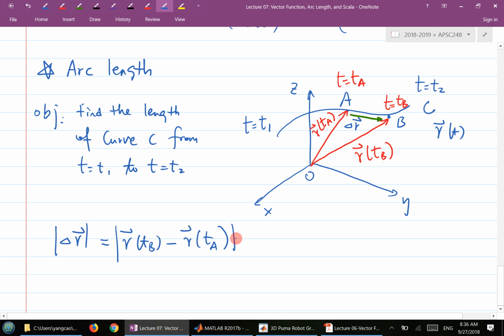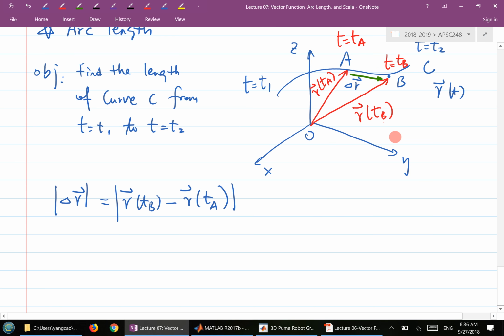Good? Okay. Now remember, what we're trying to obtain is the arc length of the curve C. The portion of the curve between A and B is not a straight line, right? It's a curve.